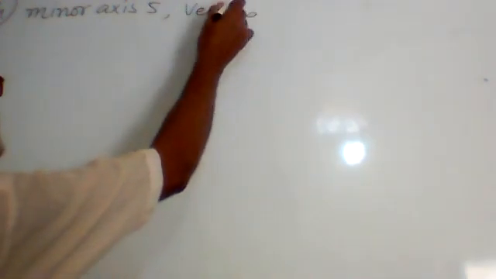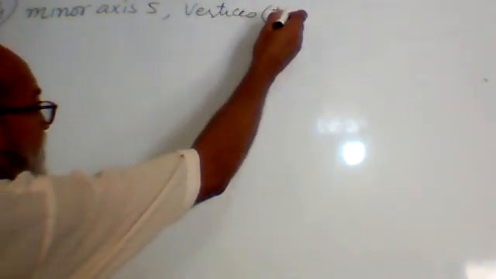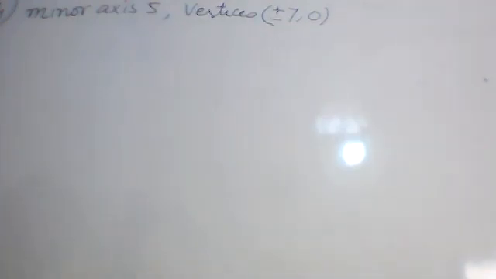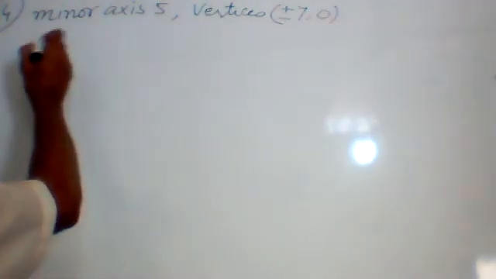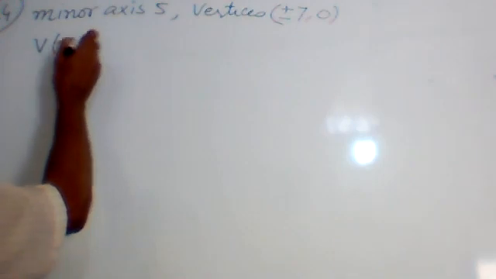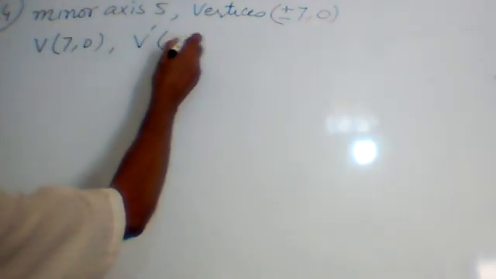Minor axis 5, vertices plus minus 7, 0. That means vertices V is (7, 0) and V dash is (-7, 0).